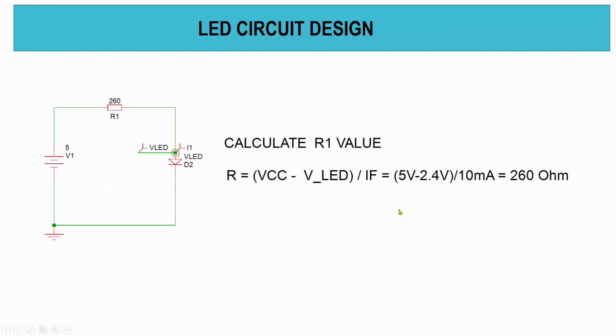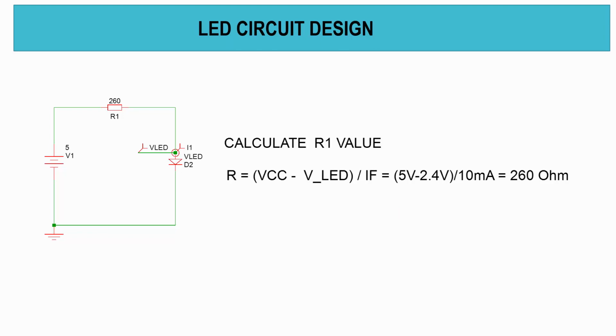Let's start the LED circuit design. So how do we control the amount of current through it? We need to use a resistor to control the current through it. In this case, we have an LED that has a drop voltage of 2.4V, and supposedly we want 10 mA to go through this device.